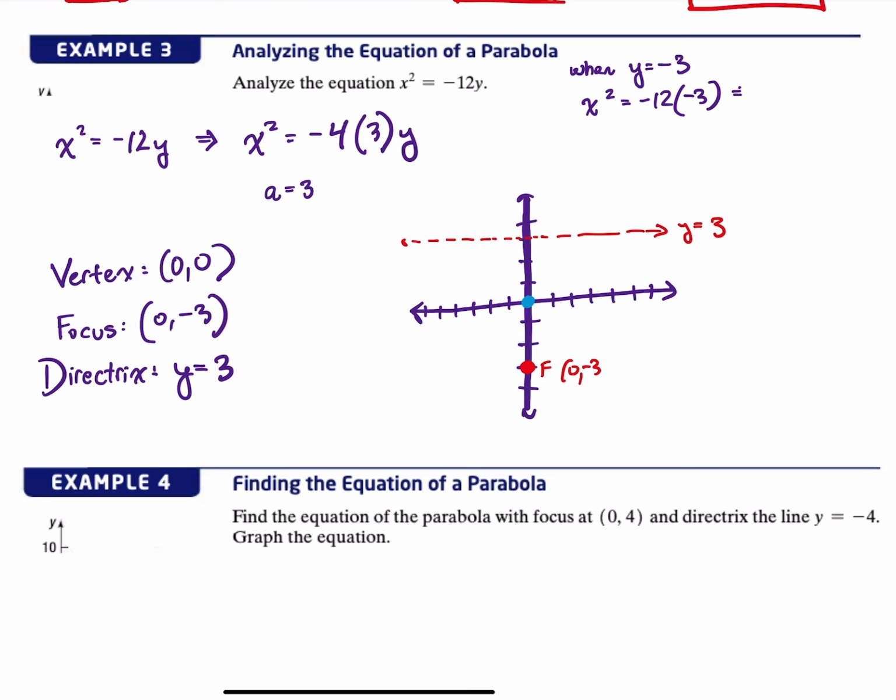That'll give us a positive 36. So x should equal plus or minus 6, meaning it will be a distance of 6 to the left and to the right of the focus. So I can go positive 6, negative 3 would be 1 point. And then negative 6, negative 3 would be our other point.